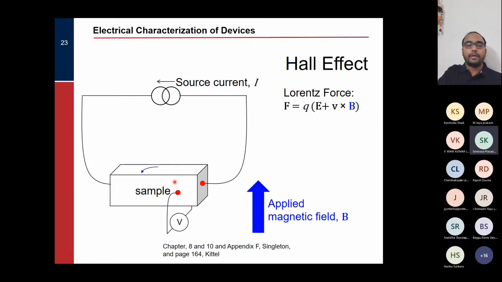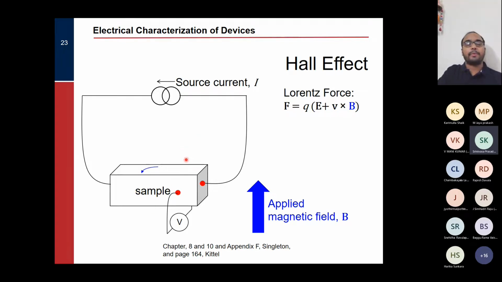Now if I'm applying a magnetic field, there will be a Lorentz force experienced by the electrons. So this is V cross B. Let's say the electrons are moving along this direction, so V and B will be perpendicular to this. So V cross B is the force which will be acting in this direction, right?